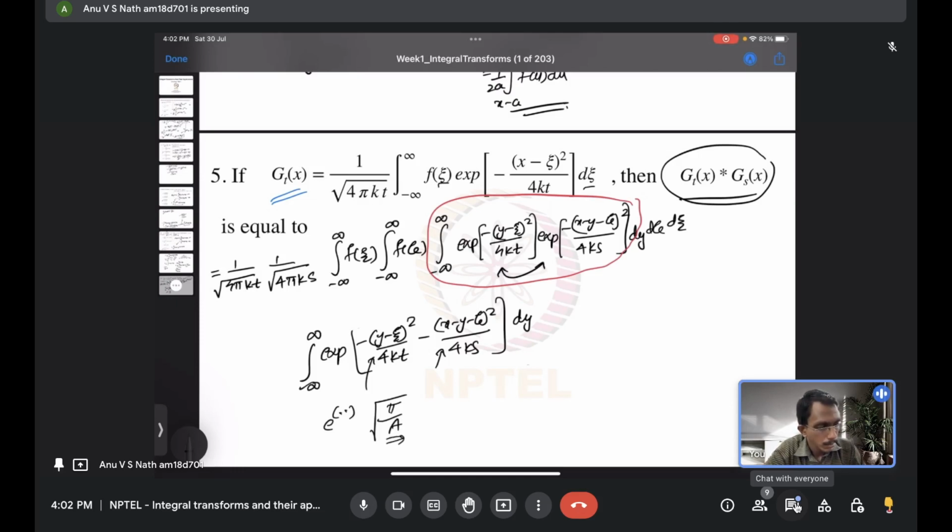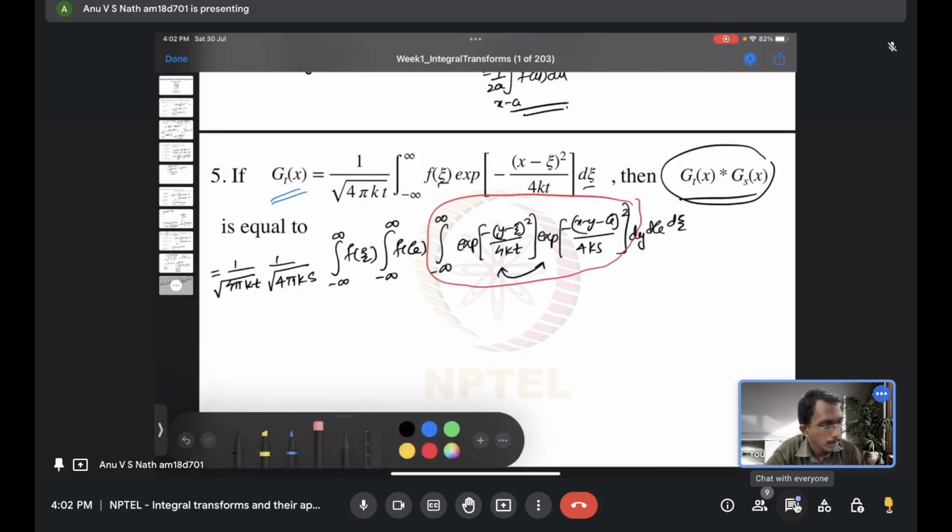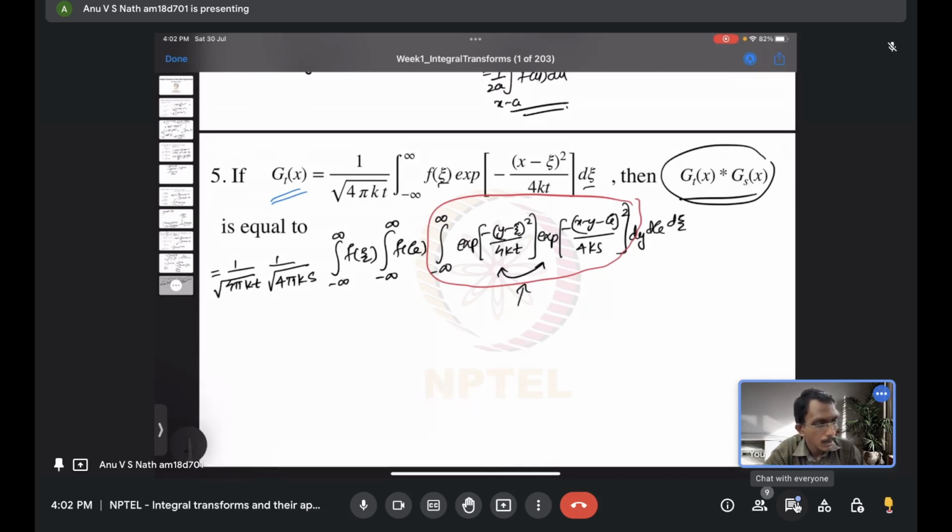If you do this and substitute this particular value in the place of this red circle, then you can combine it with the other terms f of xi and f of zeta. You can evaluate this double integral.